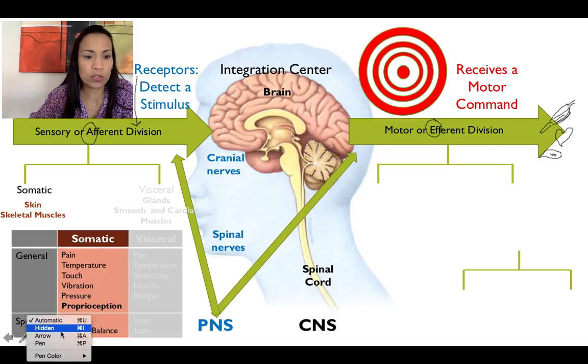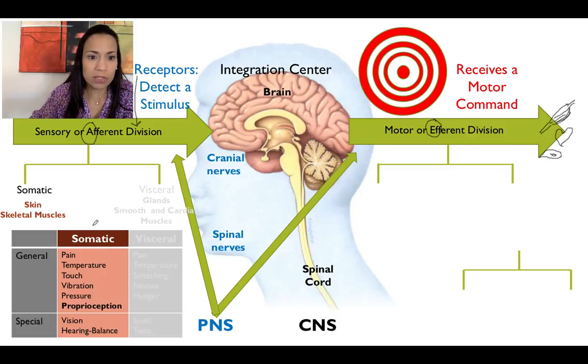In this chapter, we are going to describe the somatic receptors that, using sensory or afferent fibers, bring somatic information to the brain.